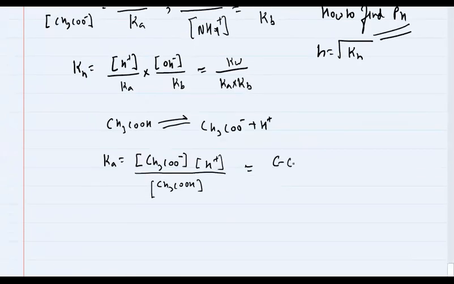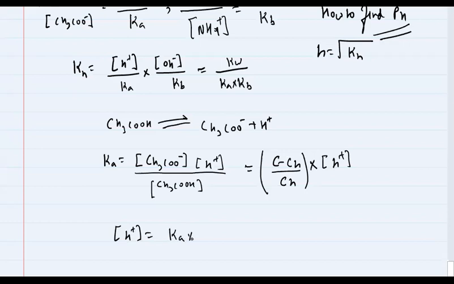Write it down: C minus Ch, divided by concentration of CH3COOH, which is Ch, into concentration of H+, which we need to find. So can I say that concentration of H+ is equal to, C will get cancelled, and it is 1 minus h, so it will be just 1. So can I say that concentration of H+ is equal to Ka into h?